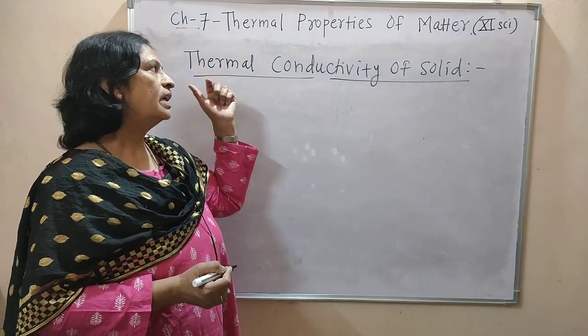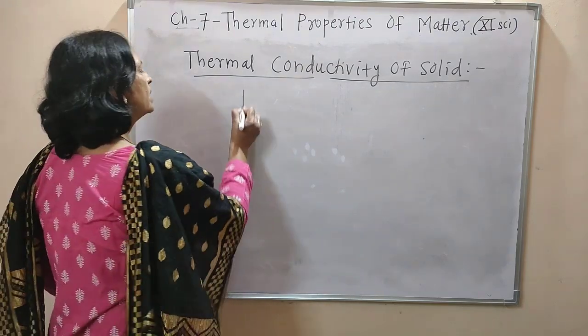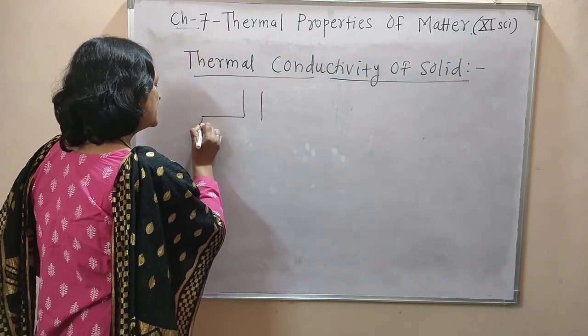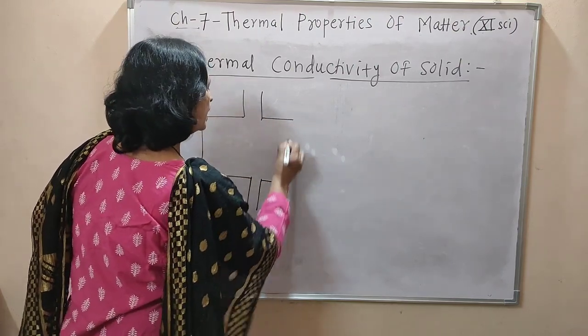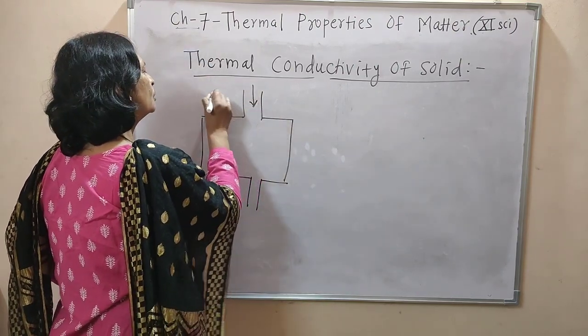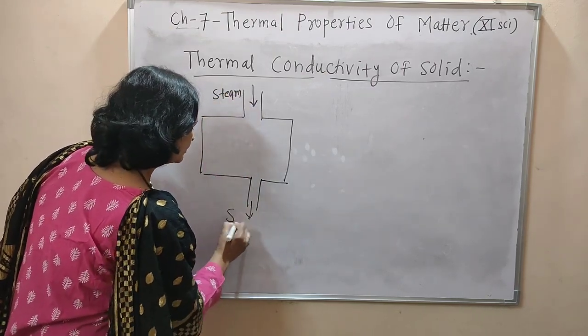Now to study the concept of thermal conductivity, consider a steam chamber. This is a steam chamber, and in that steam chamber steam enters through one end and leaves through another end.